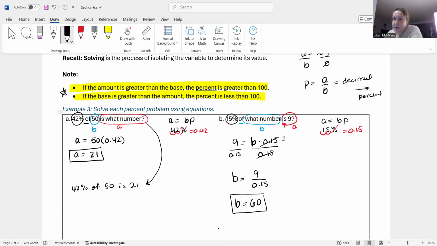Now, just so you can understand what this statement would look like once we fill in the blank, we could say 15% of 60 is 9. Okay, well, I'm not going to circle it because you don't actually have to write that. That's not the final answer. The final answer is just B equals 60. Okay, but that's how we could replace the missing value in those little statements we're given.